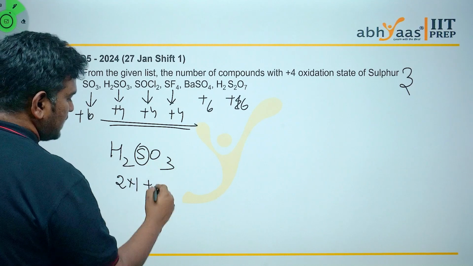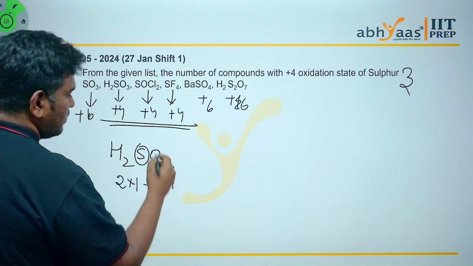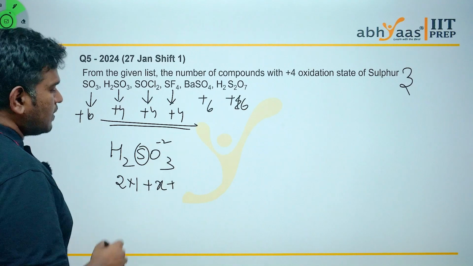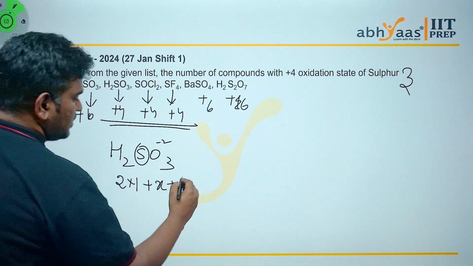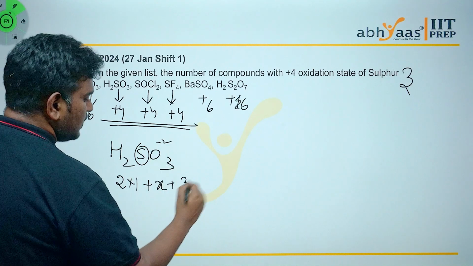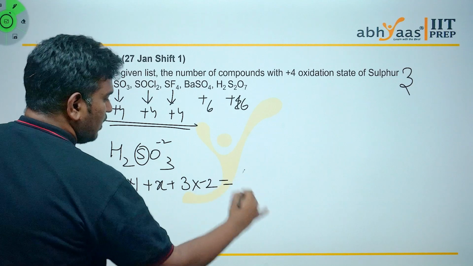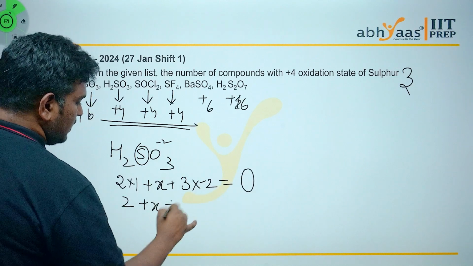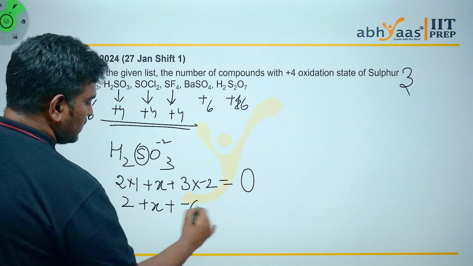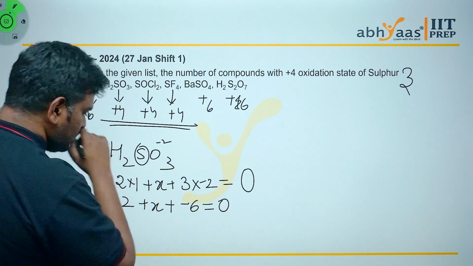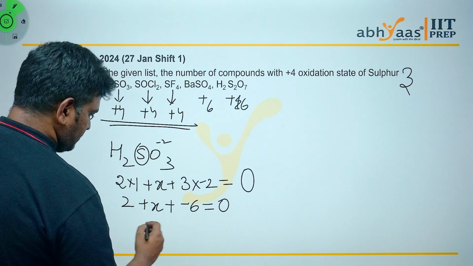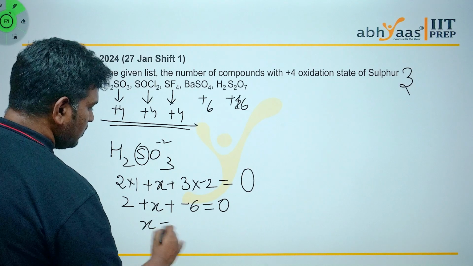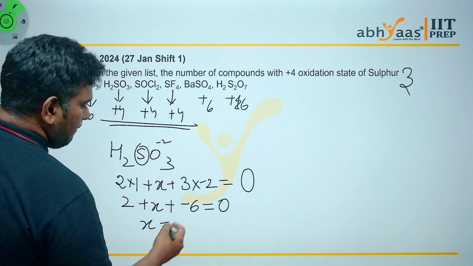Plus we have to put this S as X. Then you know that oxygen will be having -2 oxidation state. That means 3 atoms are there, 3 into -2, and you have to equate it to 0. Now 2 plus X, 3 into -2, it is -6, is equal to 0.